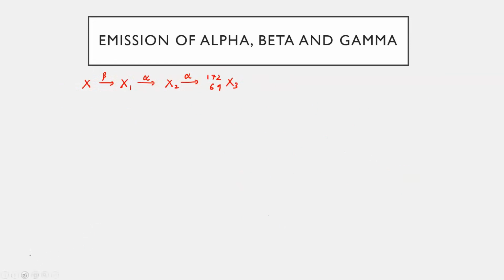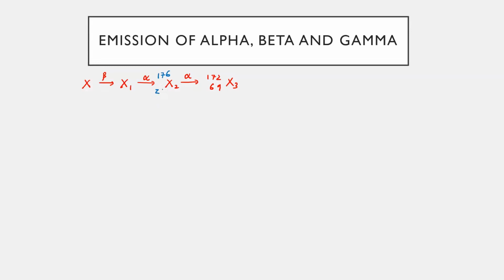Now in this question, which is different from the one we have done earlier, we have to work things backward. So what will be the value of A and Z after alpha is given out? A turns into 72. Yeah, so A will be 180, right? No, it will be 176, because it is reduced by 4.